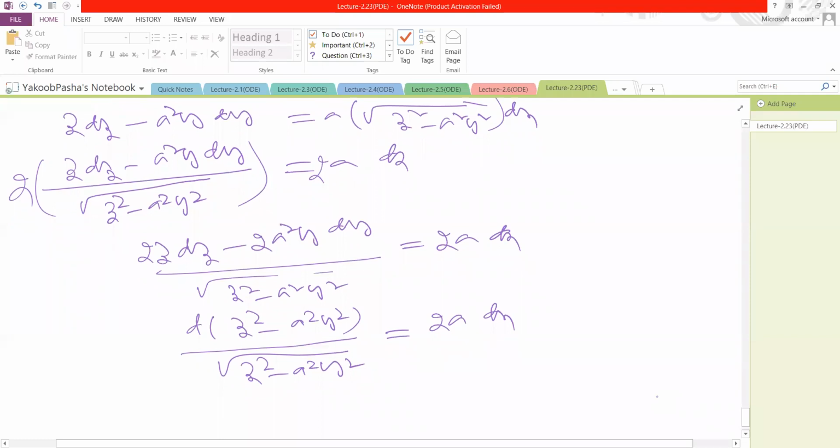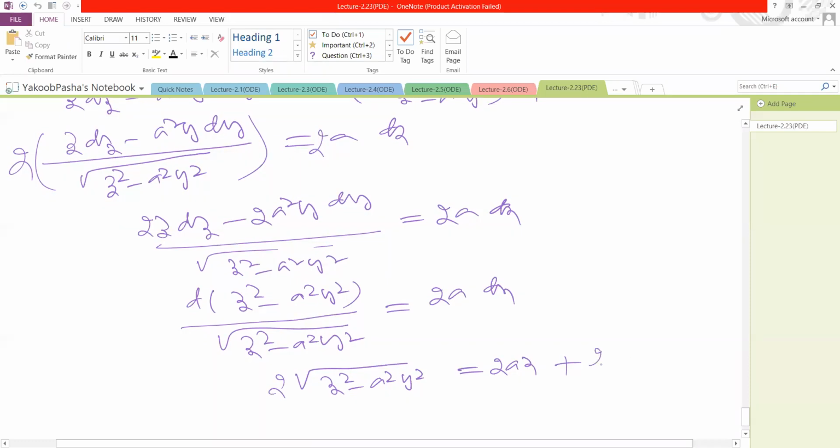Now integrate on both sides. By integrating, we get this, the integral of dx by root x is 2 root x. So 2 root of z square minus a square y square is equal to 2ax plus arbitrary constant b.